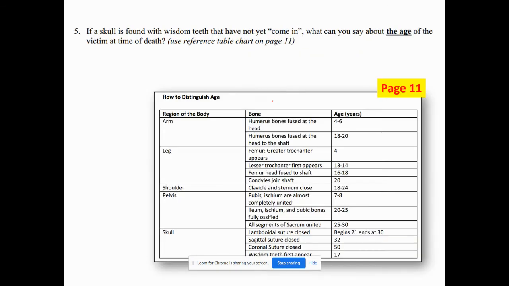All right. If a skull is found with wisdom teeth that have not yet come in, we go to the chart on page 11, and that chart has a section about the skull, and there's a little section about wisdom teeth first appearing. Wisdom teeth first appear at age 17 for most people. Yes, some people they can appear earlier, some people they can hang around and not appear till later, but for most people they appear at age 17.